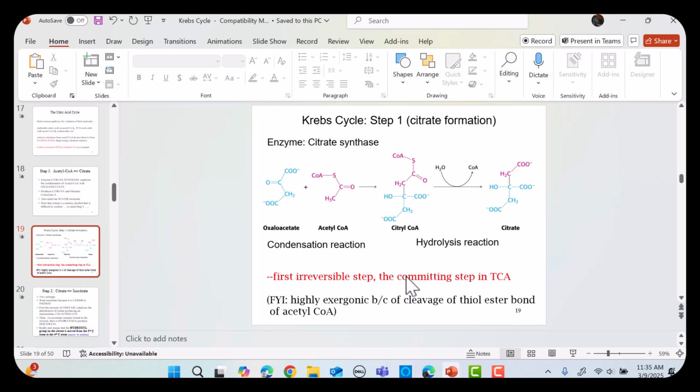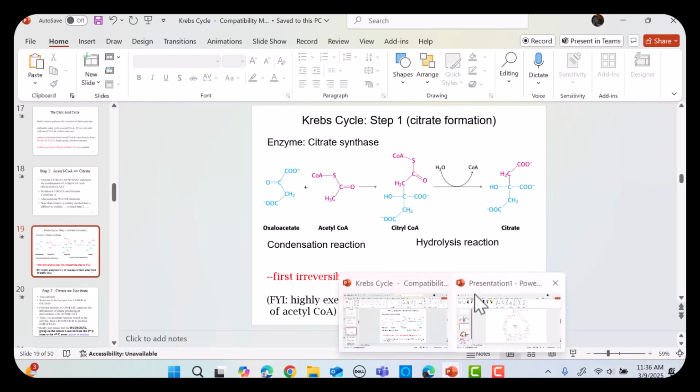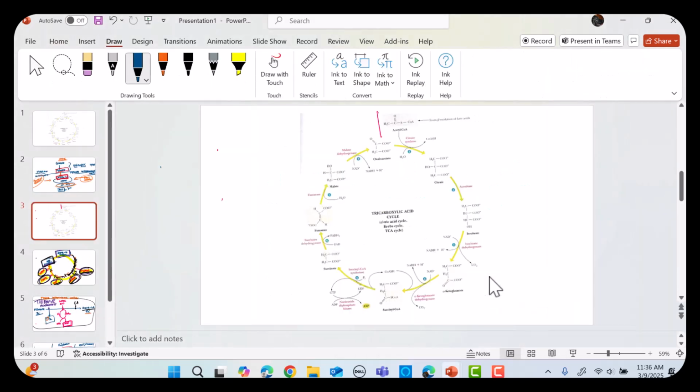So condense them, put them together, hydrolyze it, take the CoA off, put the water in, the H and the OH, the hydrogen and the hydroxyl, and I'm going to end up with citrate. This is my first irreversible step. Well, it's my first step, but it happens to be irreversible, and this is my committing step.